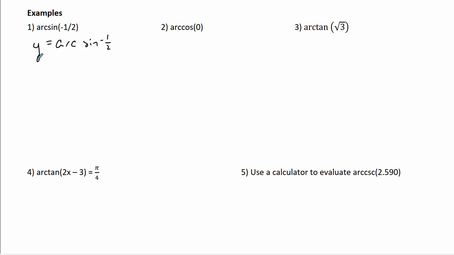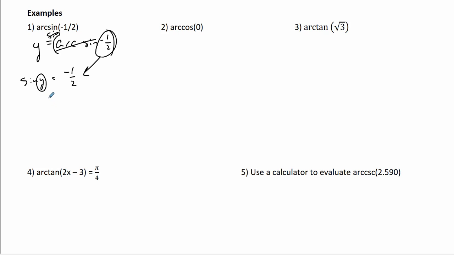Now if I take the sine of both sides, the sine and arc sine cancel, and that leaves me just -1/2.